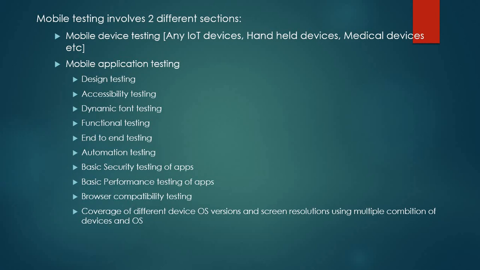So in any of the mobile testing world, if there is a device involvement, the application and device testing both go hand in hand. It may be any medical devices, handheld devices, or IoT devices. For example, if you're using any air quality index applications on your phones, that may have a specific application and a specific device which finds out the air quality.